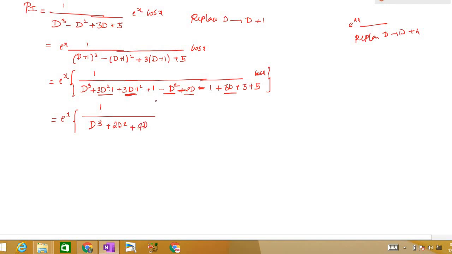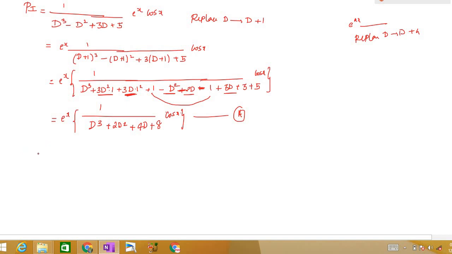If you collect the constant terms, 1 minus 1 is 0, so 5 plus 3 is 8, right? Into cos x.